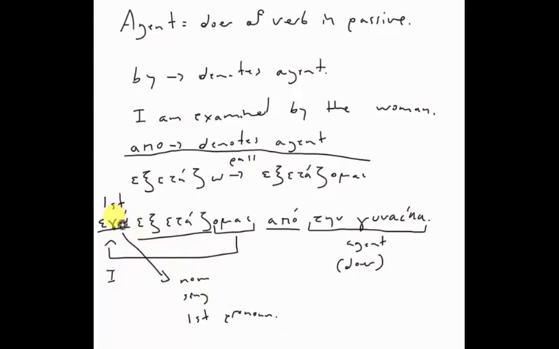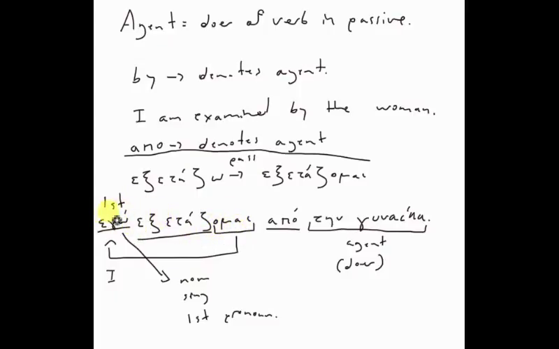So the nominative here is functioning both as subject of the verb, it agrees with the verb, and as the direct object of the verb, because the doer of the verb is an accusative agent, because this is a passive construction. So the woman, as the agent, is doing the examining. And what is she examining?